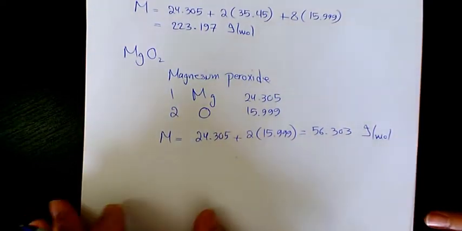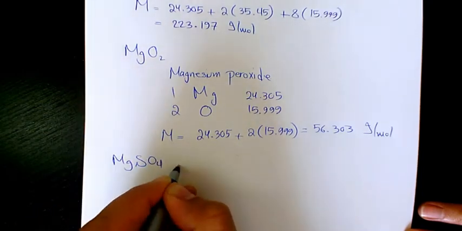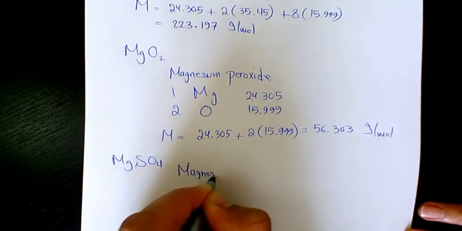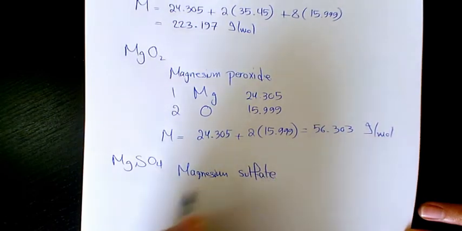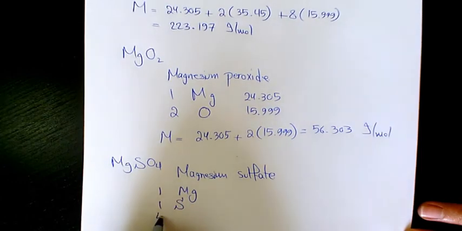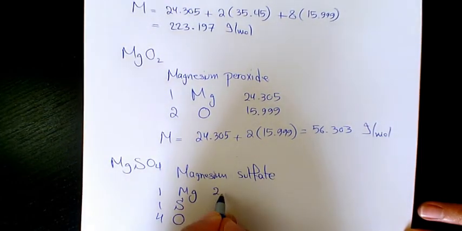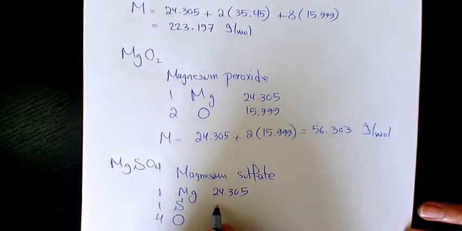Next one is MgSO4, or magnesium sulfate. One atom of Mg, one atom of sulfur, 4 atoms of oxygen. We have 24.305. Sulfur is 32.06.